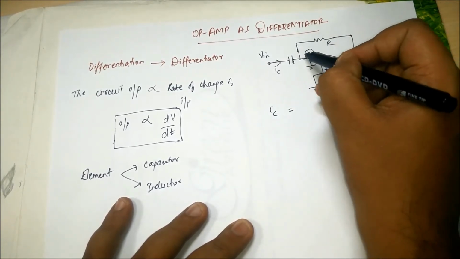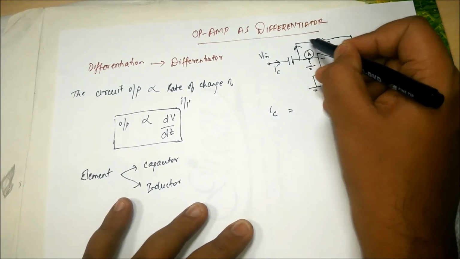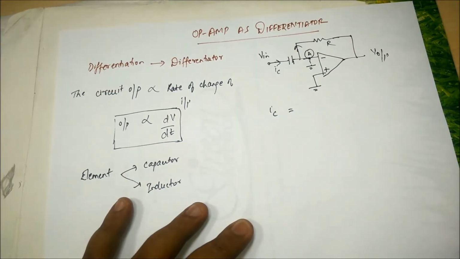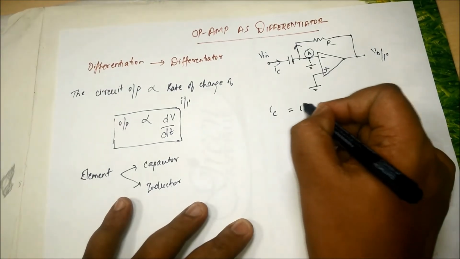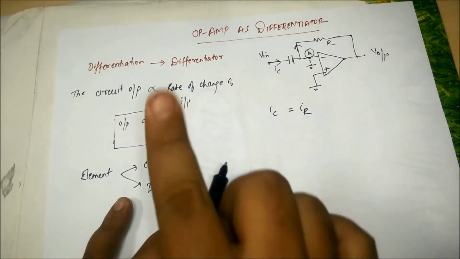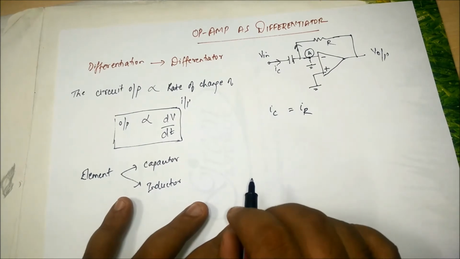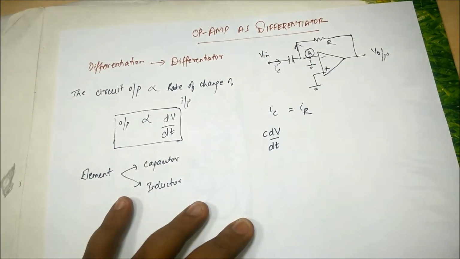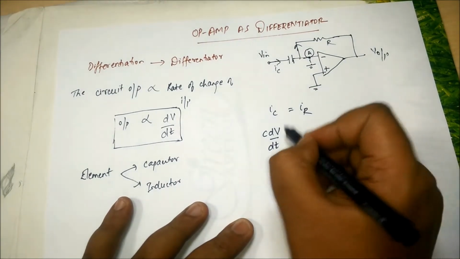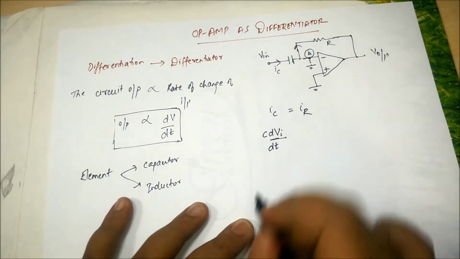So the only option is for the current to enter into the resistance R, that is, to enter into the feedback path. Now how much current passes through the capacitor is given by C dVi by dt.